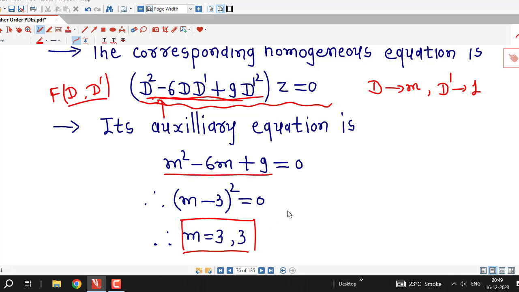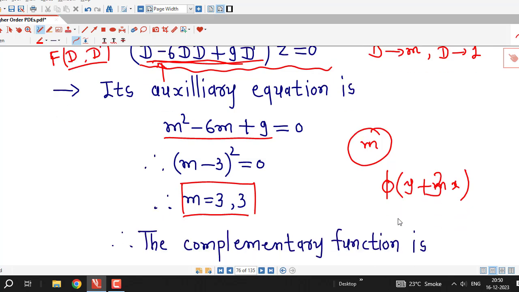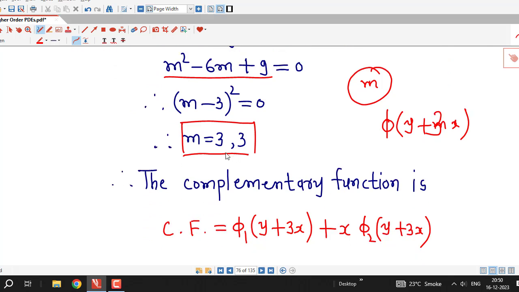We know that the solution corresponding to a value of m is an arbitrary function of y plus m x. Here m is 3, so we have an arbitrary function of y plus 3x. I have two roots, so I write two arbitrary functions, but since m is repeated, here I have an arbitrary function of y plus 3x.